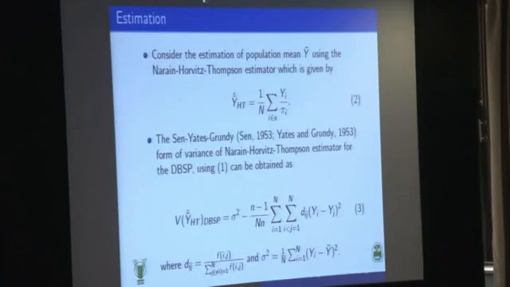This is an example. Now for estimation, we consider the Hurwitz-Thompson estimator, which is given by this, as you all know, and the Yates-Grundy form of the variance of this estimator under this plan is given by this expression. The derivations are not shown here, but for different choices of this distance function, that will lead to particular expressions.